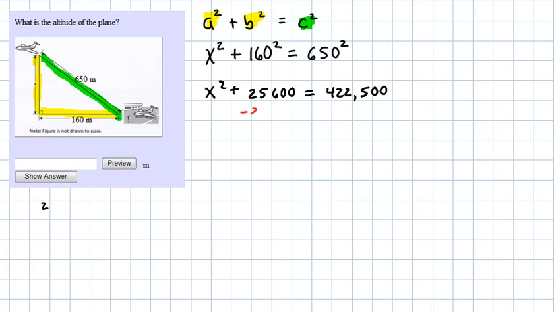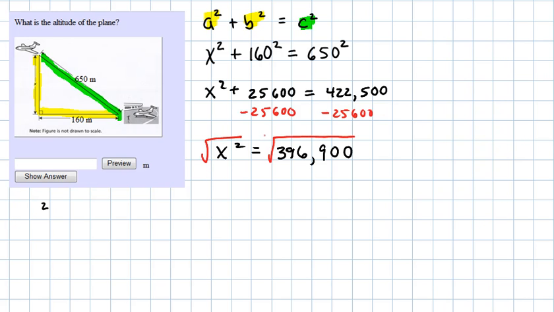So if we simply subtract 25,600 from both sides, we get x squared by itself, and x squared is equal to, I did this on my calculator quickly, 396,900. So now that I've got x squared by itself, all I have to do is extract the roots by taking the square root of both sides.